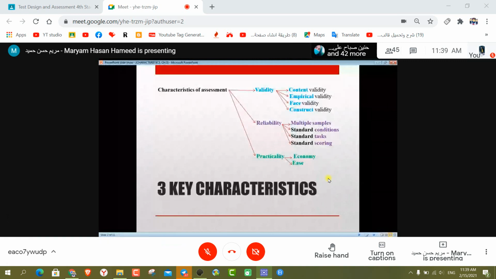The third question: can the test be scored by different teachers and give similar results? If you can answer positively to those questions, your test is an effective one.